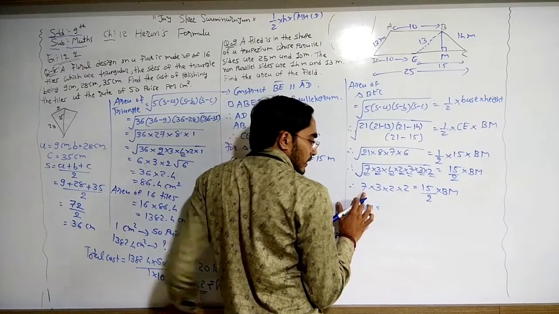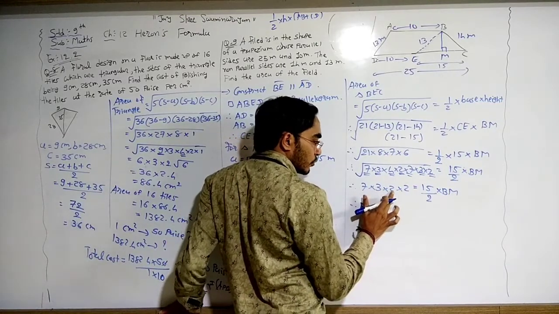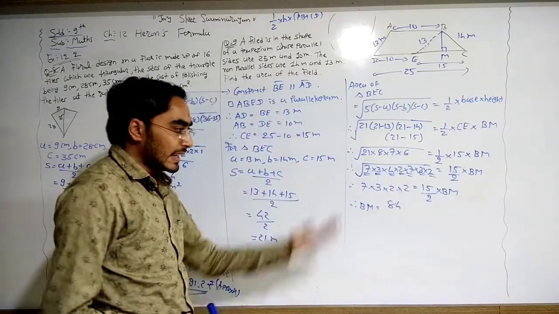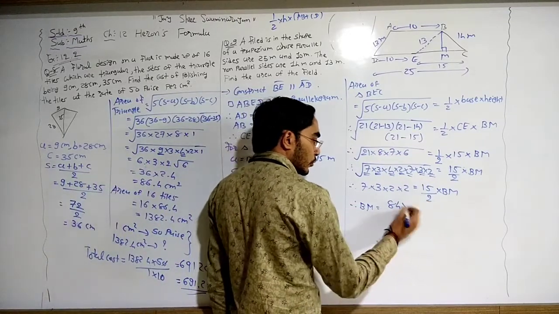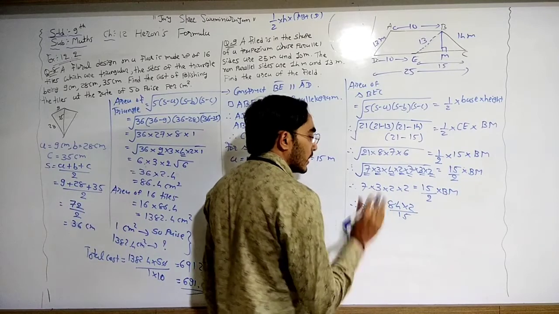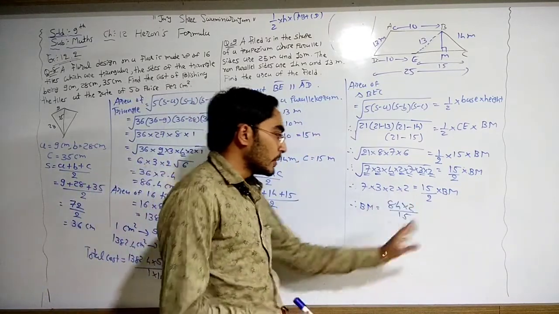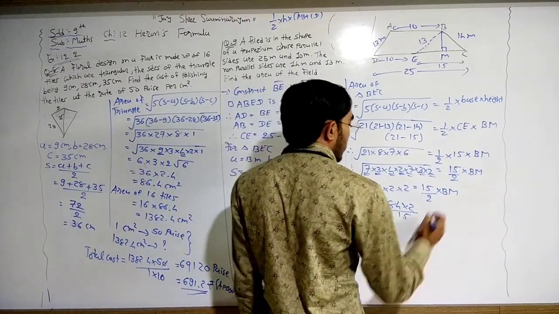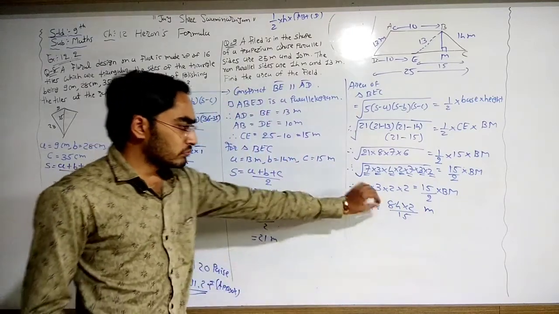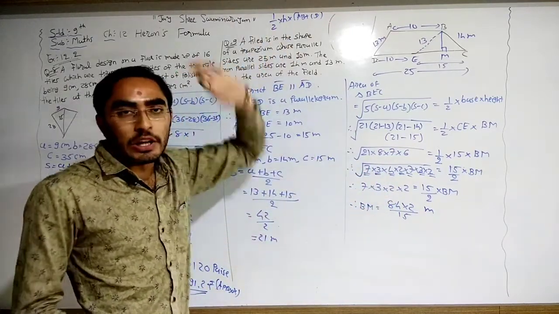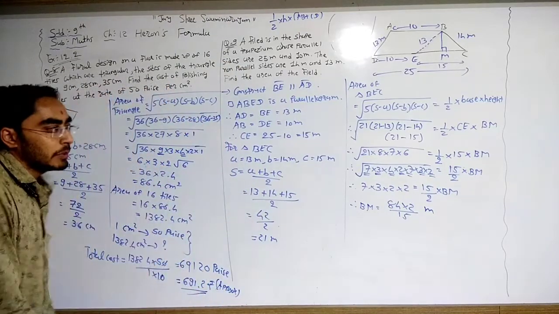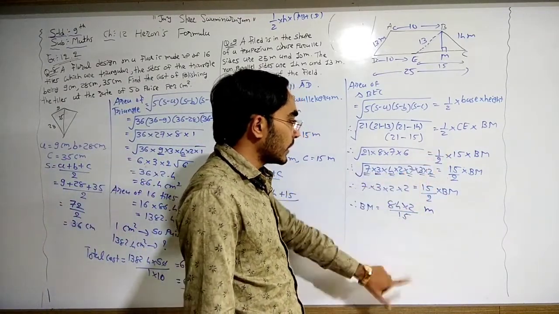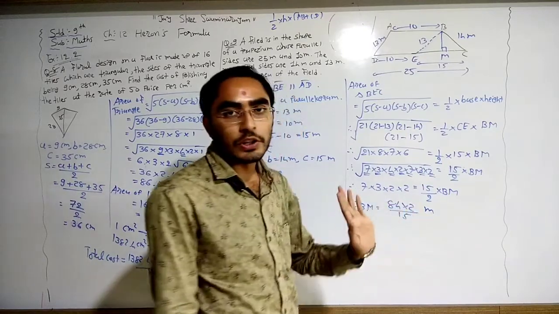Here 7 3s are 21, 21 into 2 is 42, 42 into 2 is 84, and transfer this 15 by 2 to the left-hand side. So 2 goes to the numerator and 15 goes to the denominator. This is the answer for BM in meters. Right now we are not solving this; in the final formula we solve all the values. So our height BM is equal to 84 multiplied by 2 divided by 15.